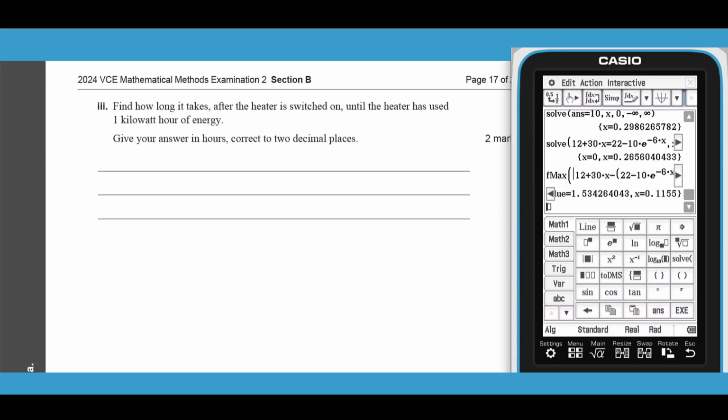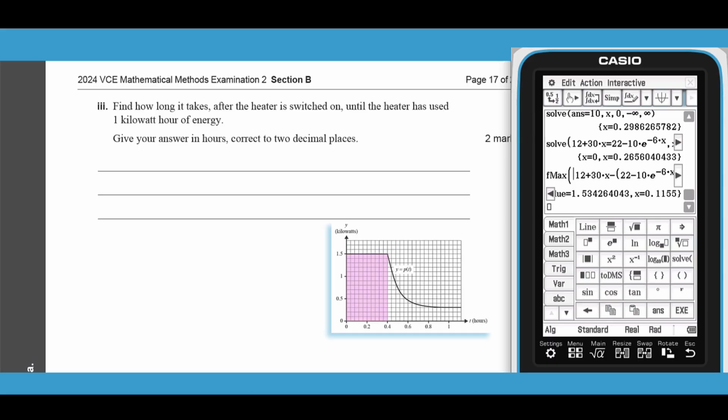The last part of Part F asks us how long until the heater has used 1 kilowatt of energy. As 1 is greater than 0.6, this will involve the exponential decay part of P of t. If the time required is k hours, then the definite integral from 0.4 to k of 0.3 plus 1.2 e to the 4 times e to the negative 10t dt must be equal to 1 take 0.6, which is 0.4, based on the power consumption up to 0.4 hours that was found earlier.